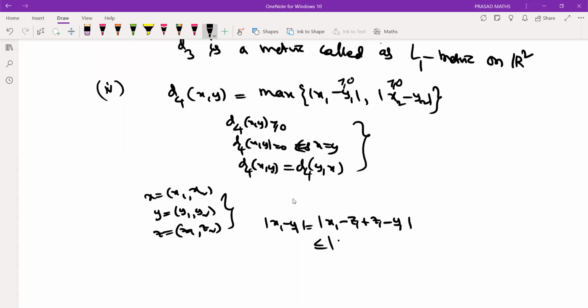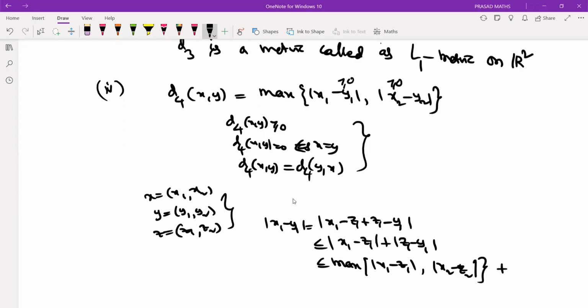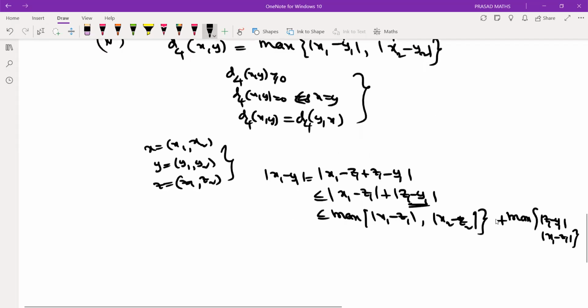But this is exactly the same as saying x1 minus z1 plus z1 minus y1. But this is less than or equal to the maximum of x1 minus z1 comma x2 minus z2, plus this term less than or equal to the maximum of z1 minus y1, z2 minus y2.